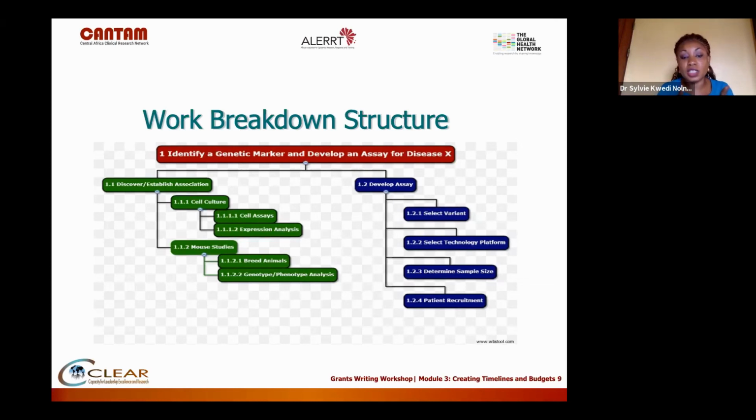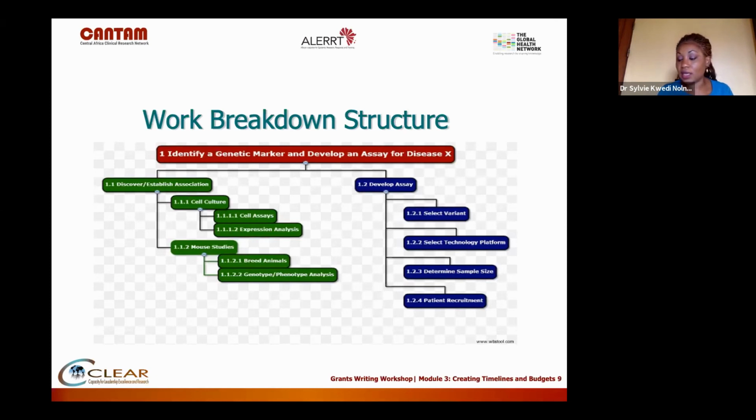So here there's actually 4 levels, not the 3 levels that I presented before. Within the cell culture, you have your cell assays and your expression analysis, and within the mouse studies, you need to breed your animals and then do the genotype phenotype analysis. Same thing on the other side in developing the assays. So this is what is called a work breakdown structure.